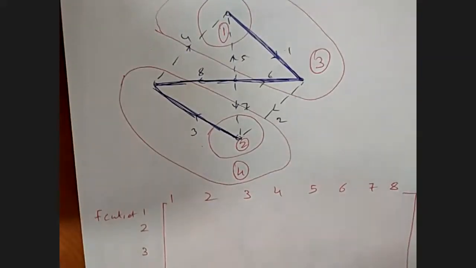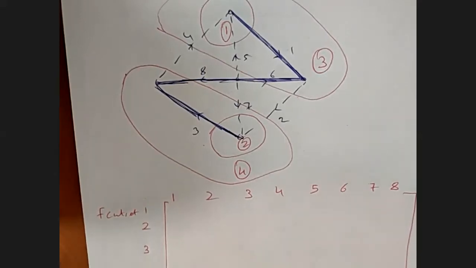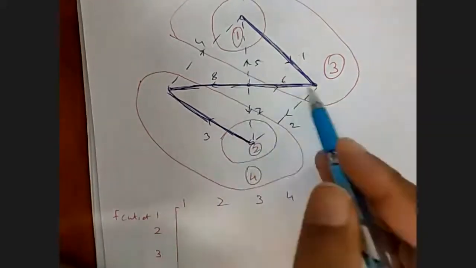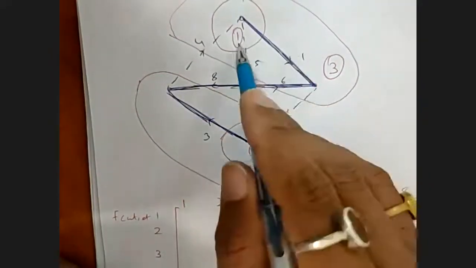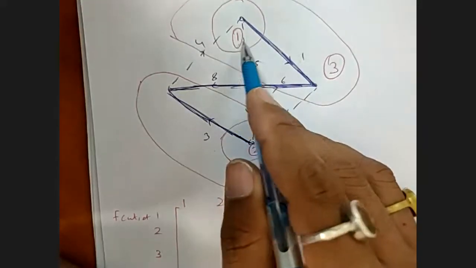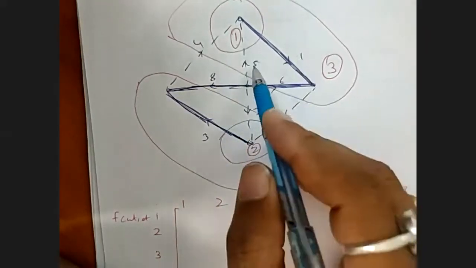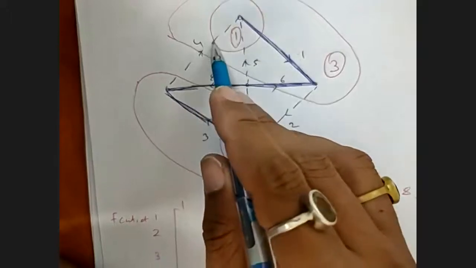What will be the cut set matrix? Try to write the cut set matrix. Tree, we have twig number 1 as cut set 1. So this is cutting 1, 5 and 4.